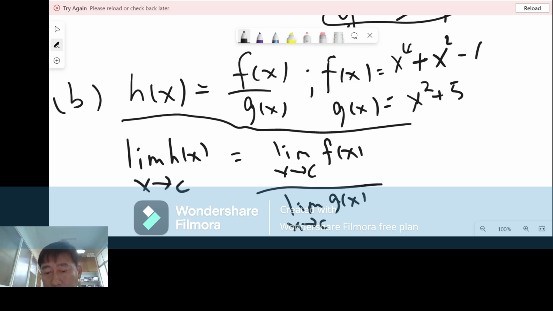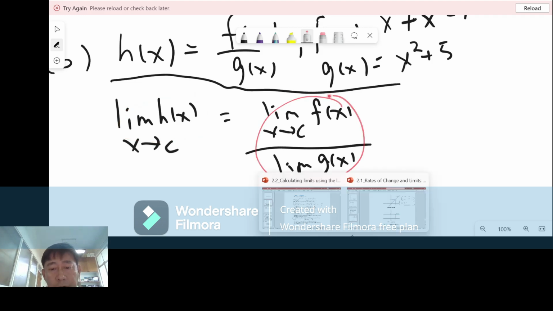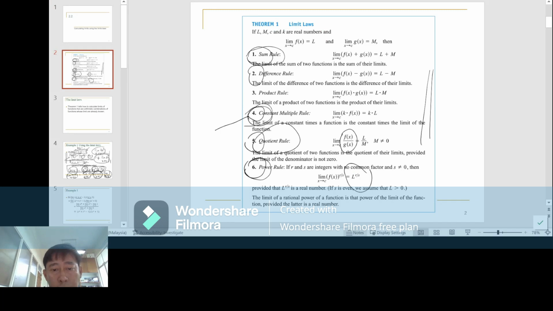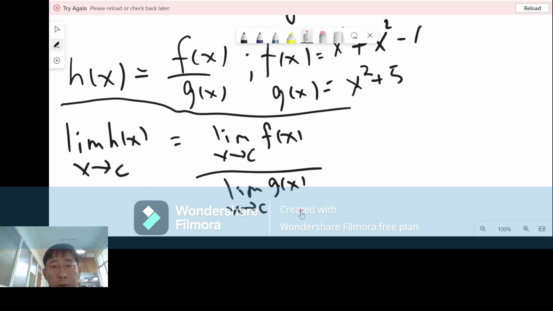Okay, so I'm very careful. So I write down these equations. So this is the equation that is given. So I write down these statements by referring to rule number 5. Okay, so I'm definitely correct because I'm just writing down the equation based on the rule. So the next thing I want to do is work out what is the limit of this function.